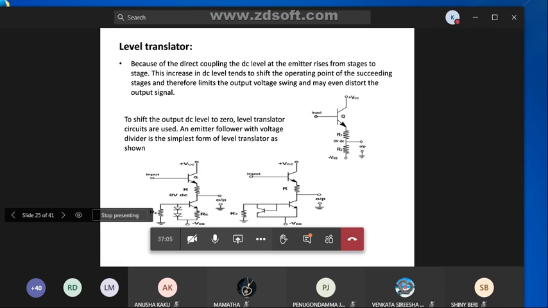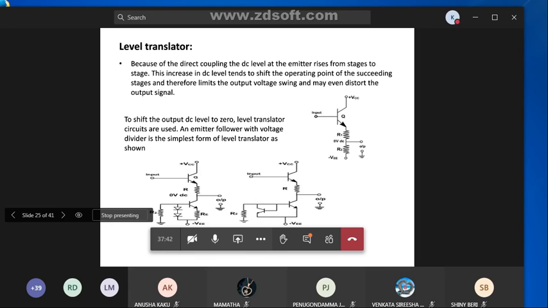Because of the direct coupling, the DC level at the emitter rises from stage to stage. This increase in DC level tends to shift the operating point of the succeeding stages and therefore limits the output voltage swing and may even distort the output signal. So to minimize the DC level, or to shift the output DC level to 0, the level translator circuit is used.